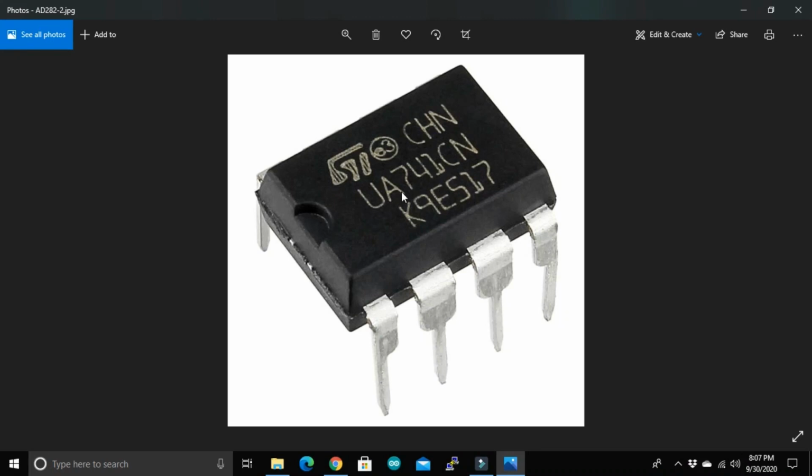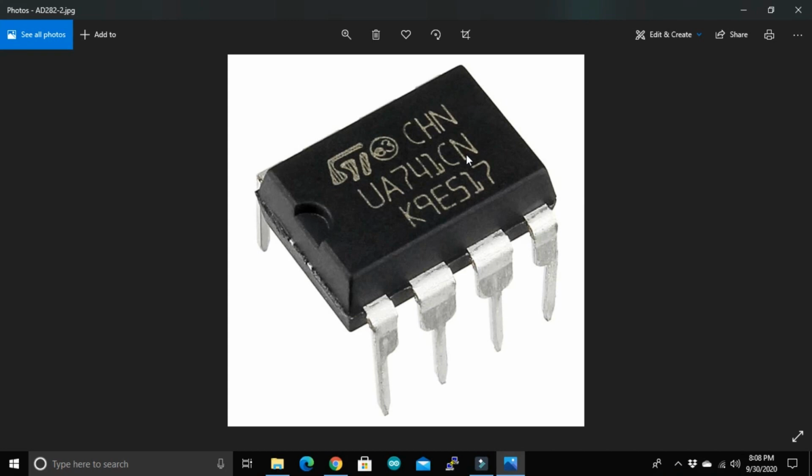Then this is the 741 op-amp, and the suffix letters give information about the packaging. If D is the suffix letter, it is a surface mounting device. If it is N or P, it is a plastic dual inline package for insertion into sockets.